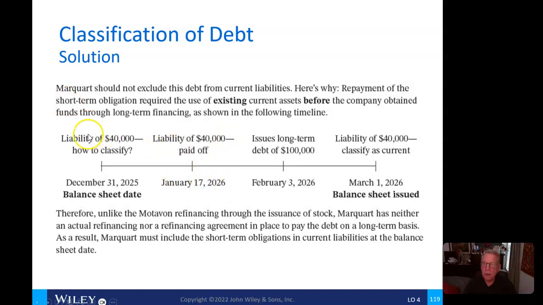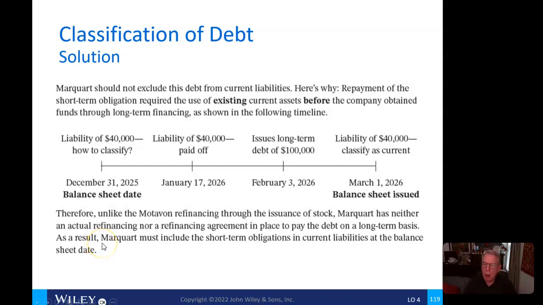And if we take a look at that timeline, the liability of $40,000 here as of the balance sheet date, then January 17th is when we paid off the $40,000. February 3rd, we issued the long-term debt of $100,000. And finally, on March 1, 2026, the liability of $40,000 was classified as current.